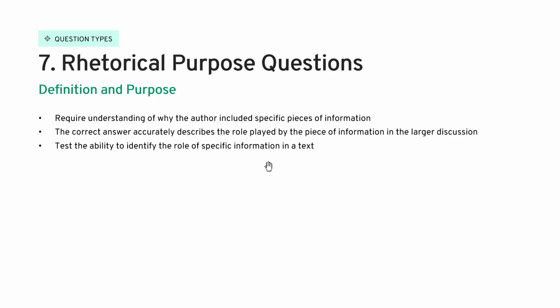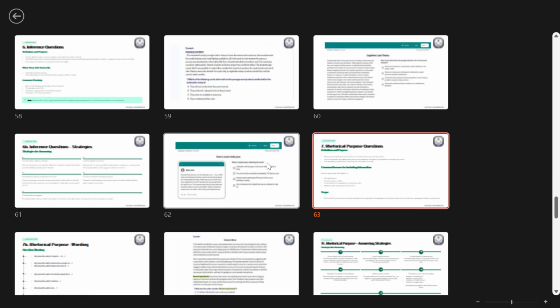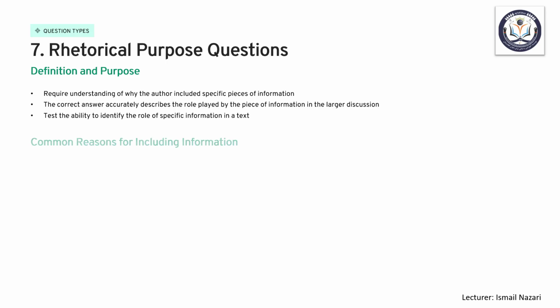So basically, let's conclude. Purpose simply means the reason. A rhetorical purpose question asks us why a specific piece of information is included. Or secondly, we can add that it asks the role of a specific piece of information inside the text. That's what we have as the rhetorical purpose question.